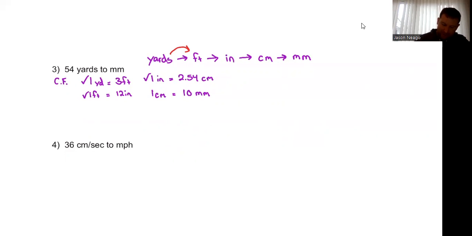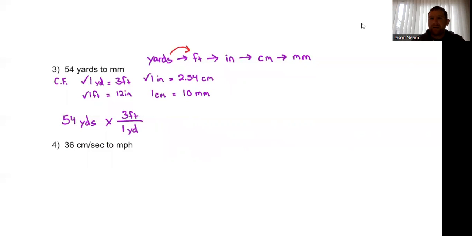So I would take my initial value, which is 54 yards, and then I would multiply it by my conversion factor. My first conversion factor, I'd have 1 yard under 3 feet. So 3 feet over 1 yard. Once again, I'm doing the same thing.